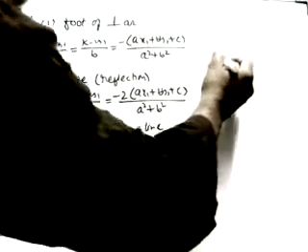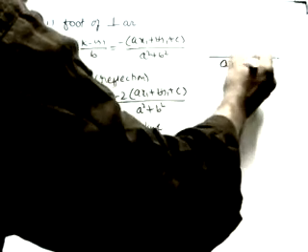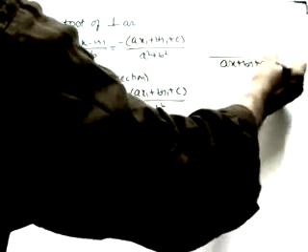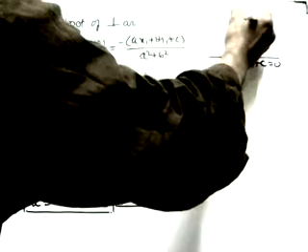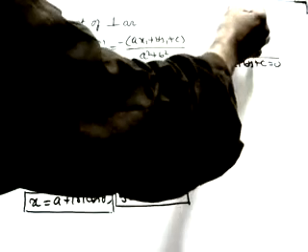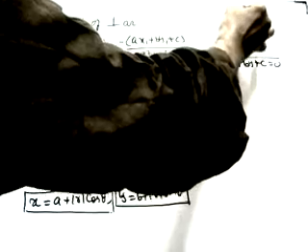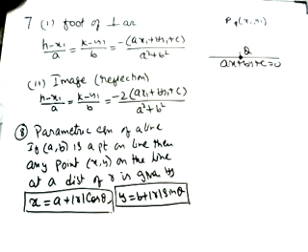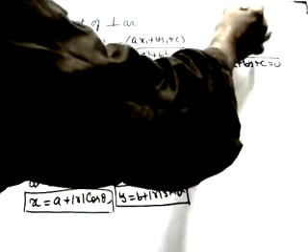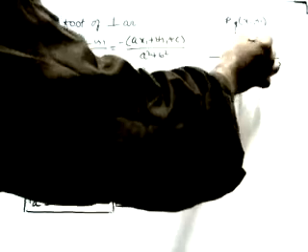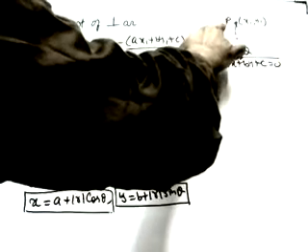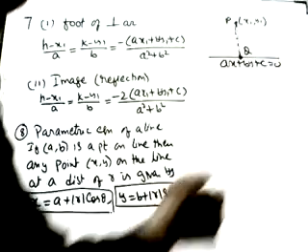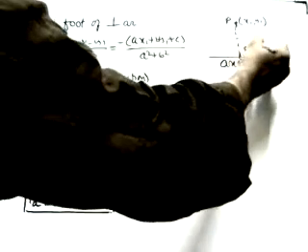Now the next concept is the foot of perpendicular. Suppose we have a line ax plus by plus c equals 0 and a point x1, y1. If we drop a perpendicular from x1, y1, suppose this is P, and it intersects at Q, then this point Q is called the foot of perpendicular of the point x1, y1 on the line.